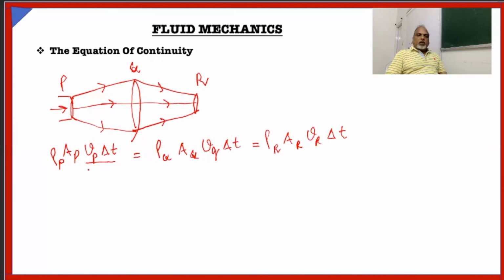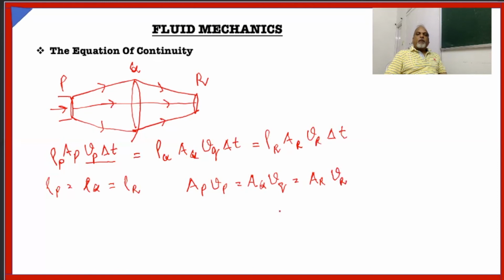But since the fluid is incompressible, rho P must be equal to rho Q and rho R. That means what is left is AP Vp equal to AQ VQ equal to AR VR.